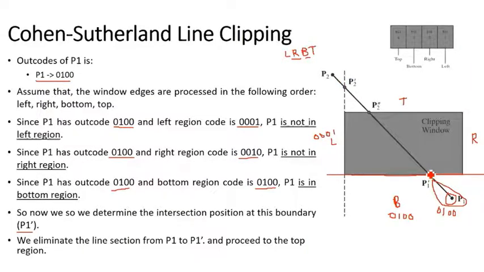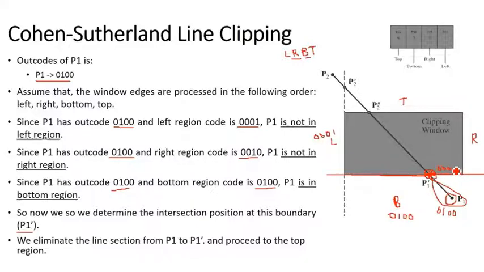I'll calculate the outcode of P1 dash. P1 dash will be exactly on this line, so it will not be in the bottom region, left region, top region or the right region. So P1 dash outcode will be 0, 0, 0 and 0.